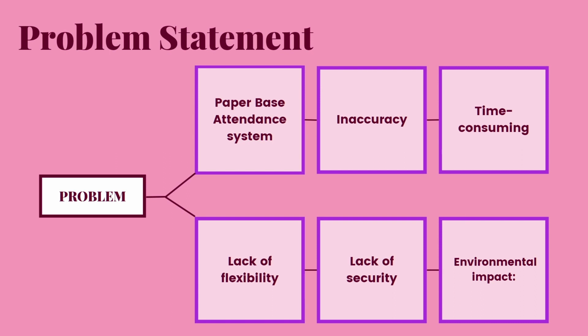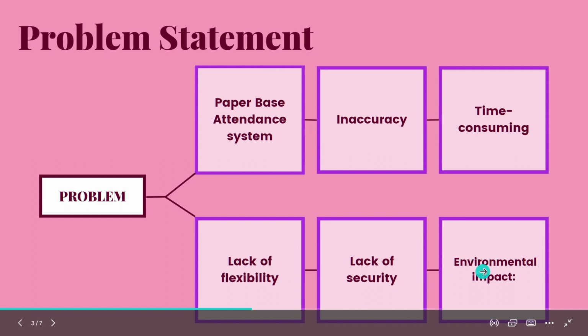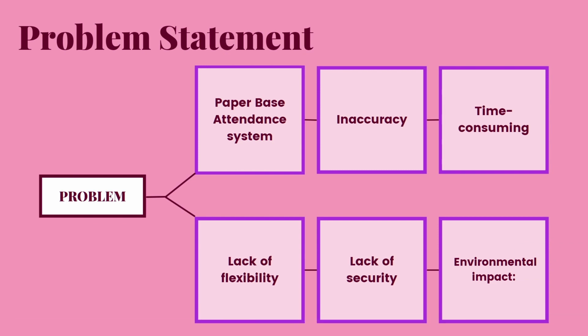For example, signatures can alter attendance records after the fact, and anyone can duplicate a signature, so students may use proxies. There is also the environmental impact. Paper-based attendance systems generate waste, which can have a negative impact on the environment. So I think the paper-based system needs to be updated, and we created the smart attendance system project.